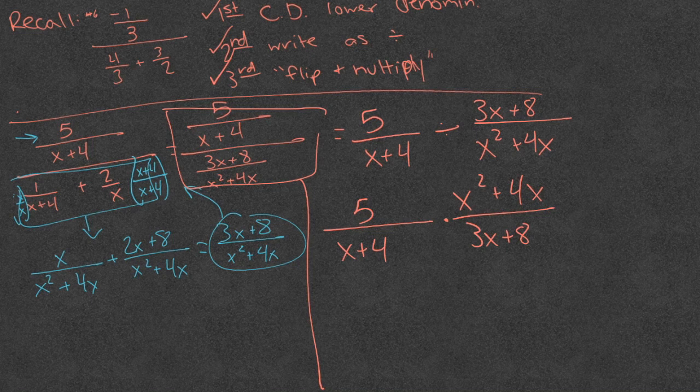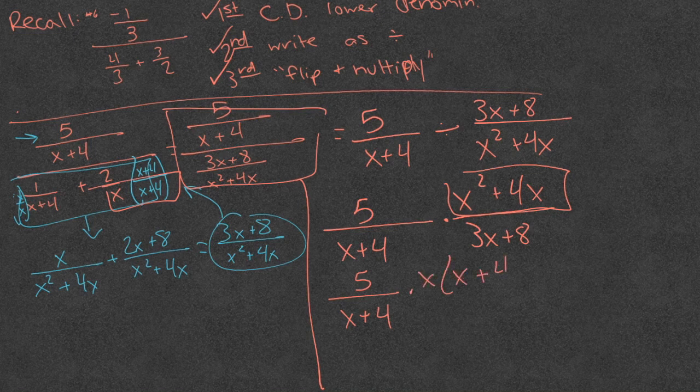Now, if I wasn't a fool, I wouldn't have multiplied this together because now I have to refactor it out, which you guys have in the other problems. So that's 5 over x plus 4 times x plus 4 over 3x plus 8.